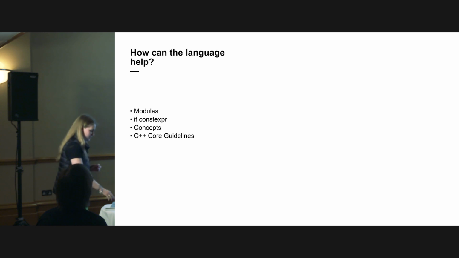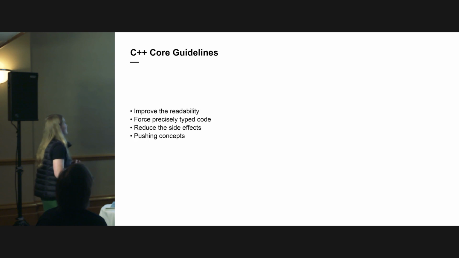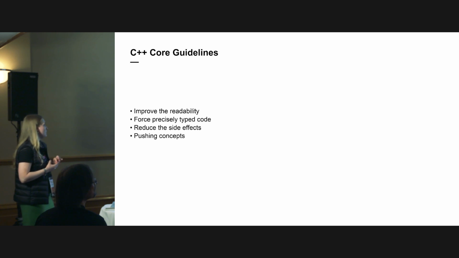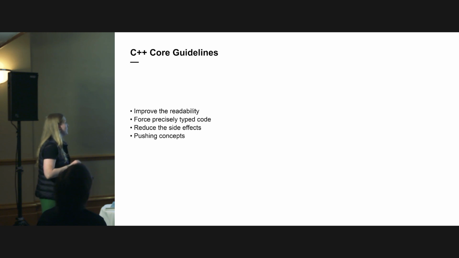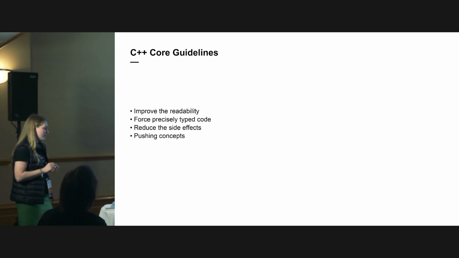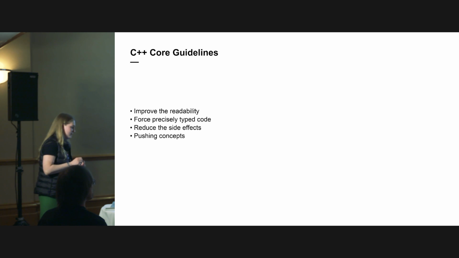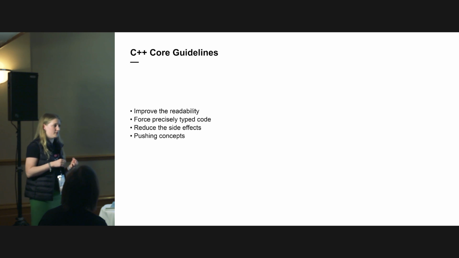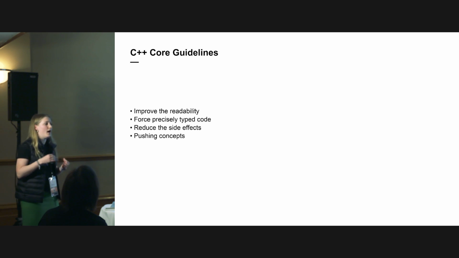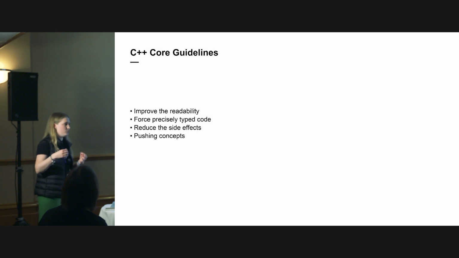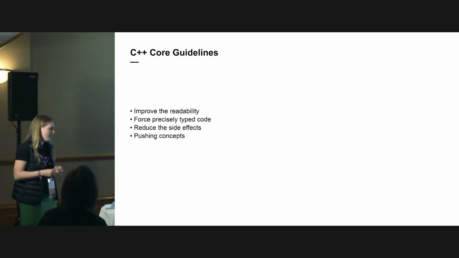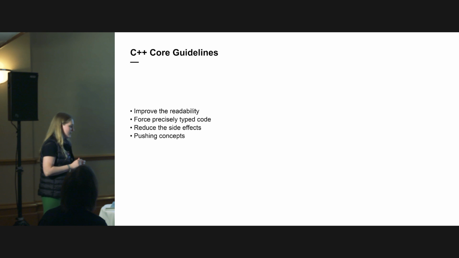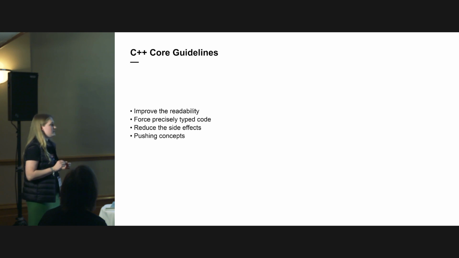have some more thoughts on the C++ Core Guidelines, because what I'm really excited about is that they are doing lots of great stuff, and they are pushing the readability of your code with many rules they have. They try to help you write code that is readable and thus maintainable. They are pushing precisely typed code in a very accurate way.